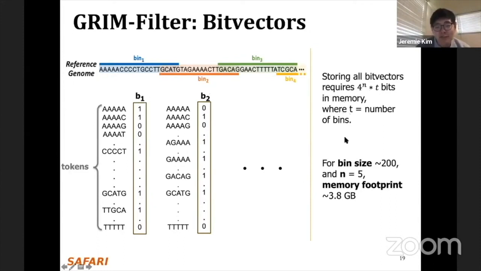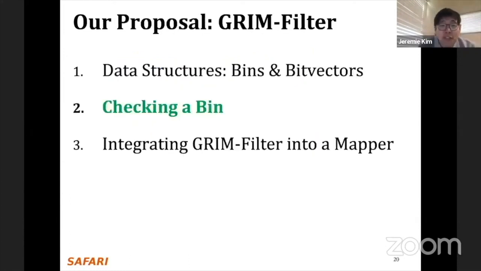And so for a bin size of around 200 and a token size of 5, the memory footprint is around 3.8 gigabytes, which is reasonable for modern memory sizes. So it can completely fit within these memory constraints. So now let's talk about how we would go about checking a bin for existence or possible existence.